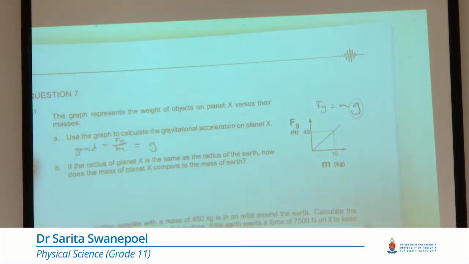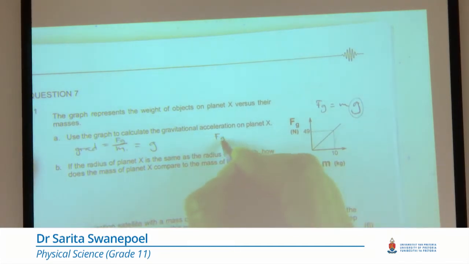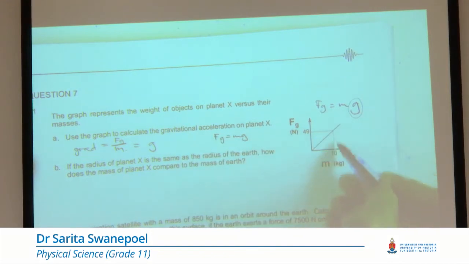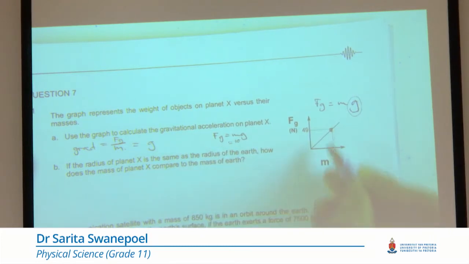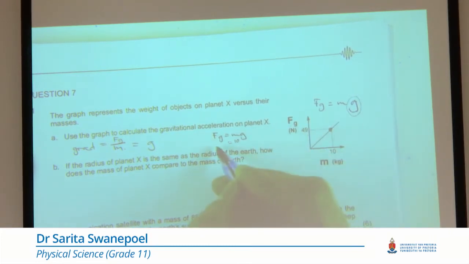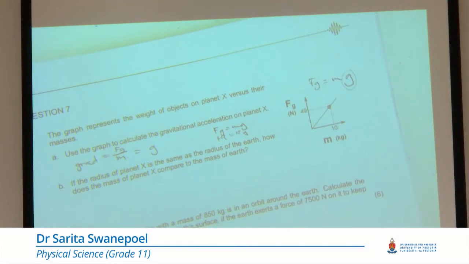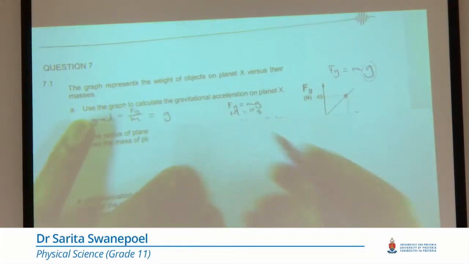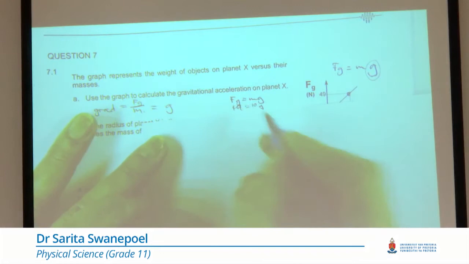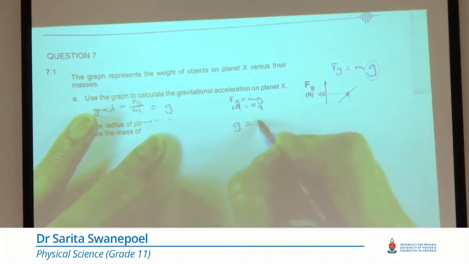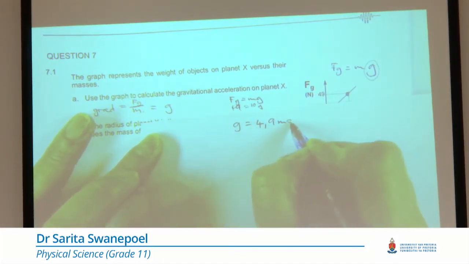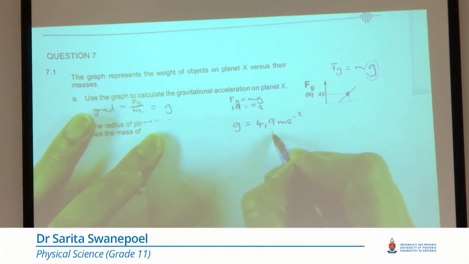Or if you prefer, you can take Fg equals m times g and take that value and say, when the m value is 10, then the gravitational force is 49. So you have your 49 divided by 10, so g is 4,9 meters per second squared, and that will be towards x.